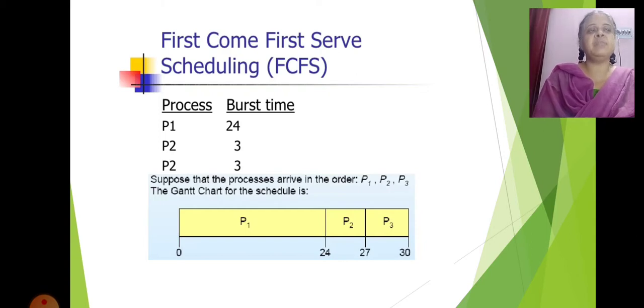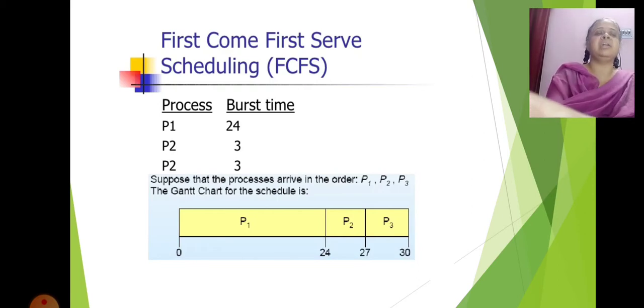For process P1 the waiting time would be 6 milliseconds, for process P2 it is 0, for process P3 it is 3. So the average comes out to 3 milliseconds. This reduction is substantial. Thus the average waiting time under an FCFS policy is generally not minimal and may vary substantially if the process CPU burst times vary greatly.